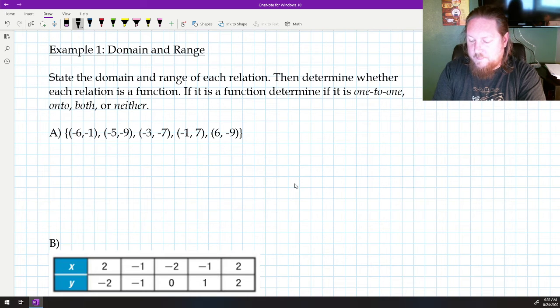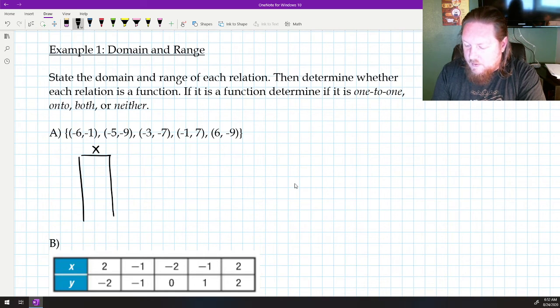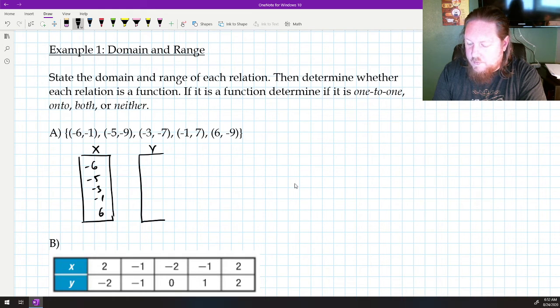I've got, we'll call them the x's for the input: -6, -5, -3, -1, and 6. And for my outputs, the y's, I have -1, -9, -7, 7, and -9.